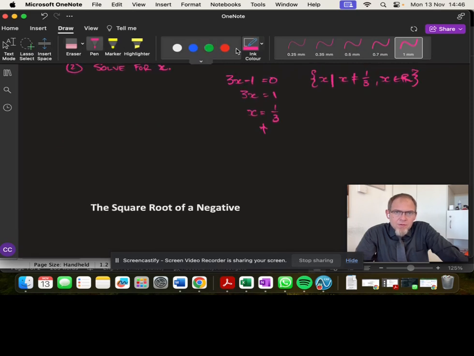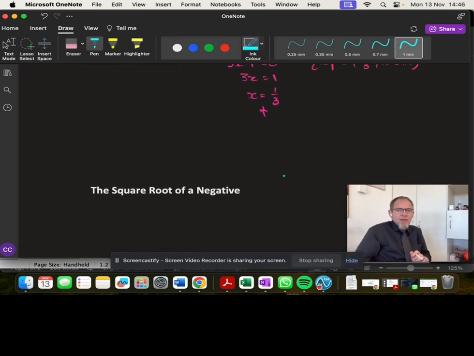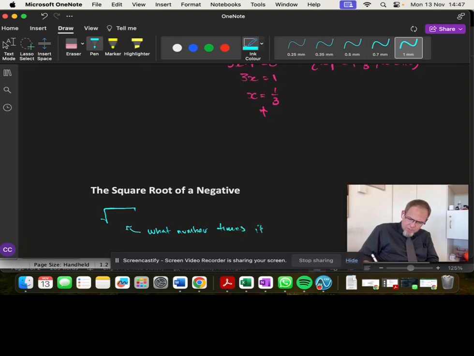And this other rule is if we ever take a square root of a negative number. Remember, the square root is asking us what number times itself equals the radicand.